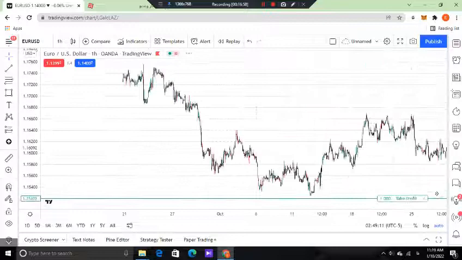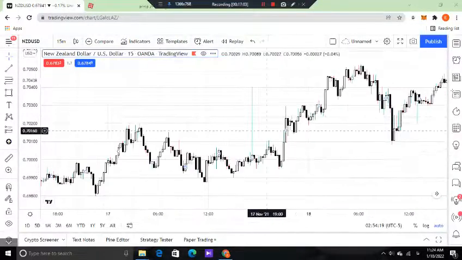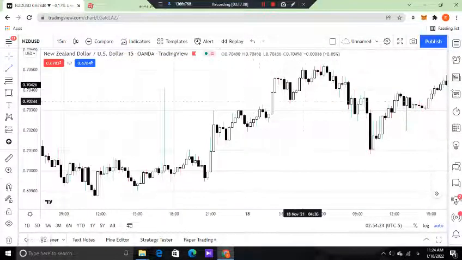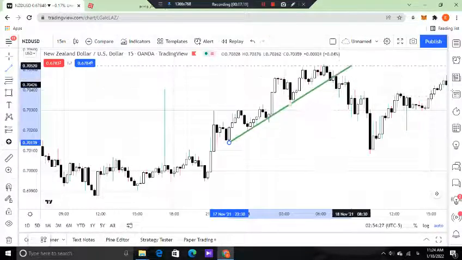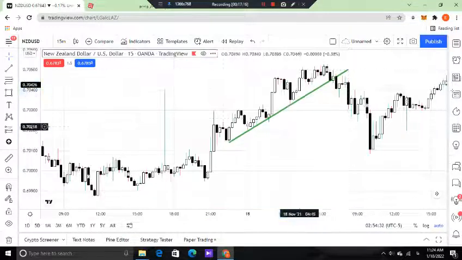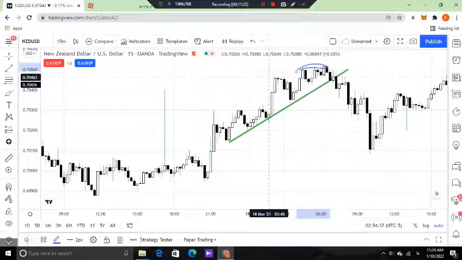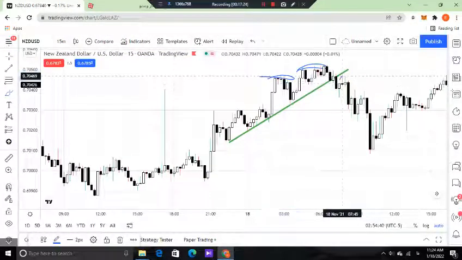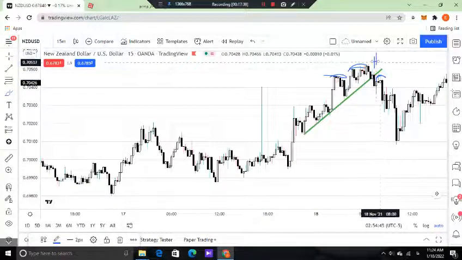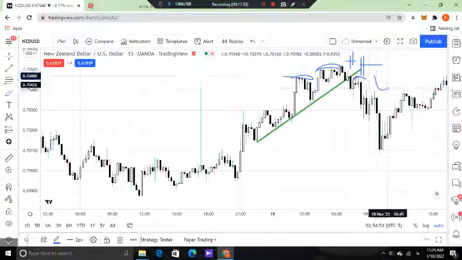Let me show you another example. Okay, another example, but this one is a head and shoulders top. You can see we have this trend here. If you consider this as the head and this one as your shoulder, we had this higher high because it's higher than this one, and this lower high.